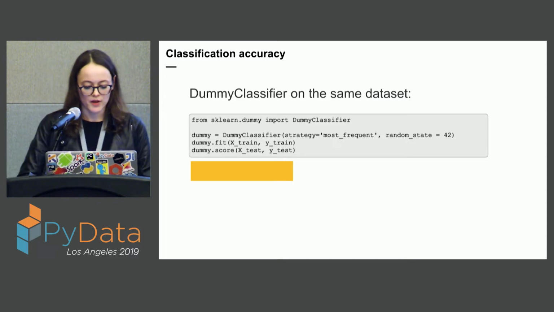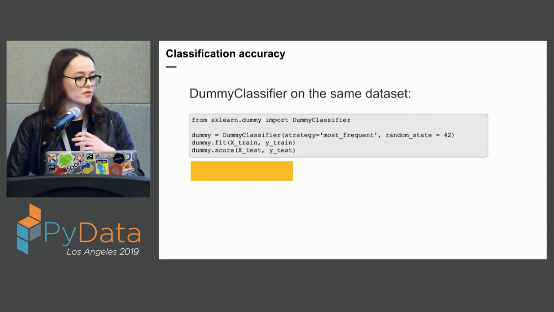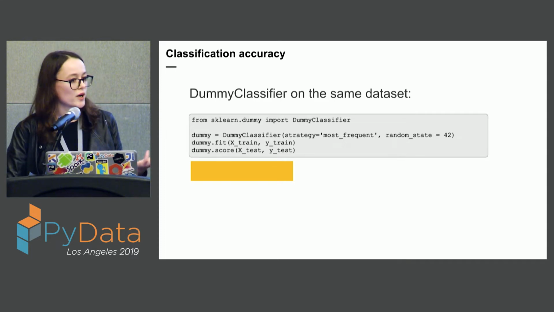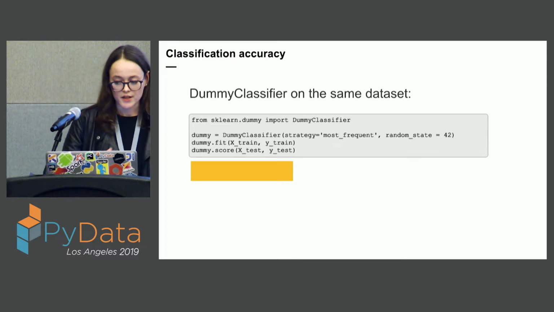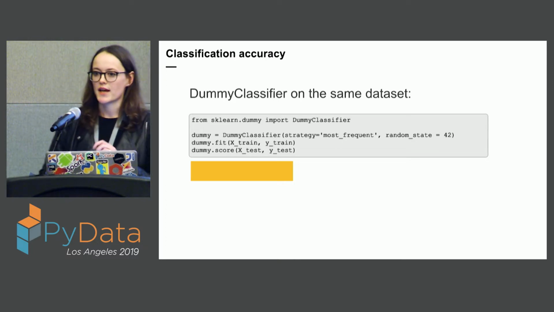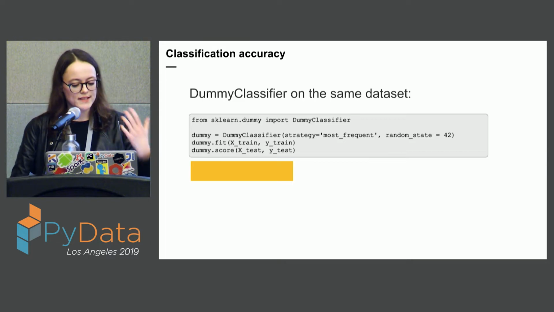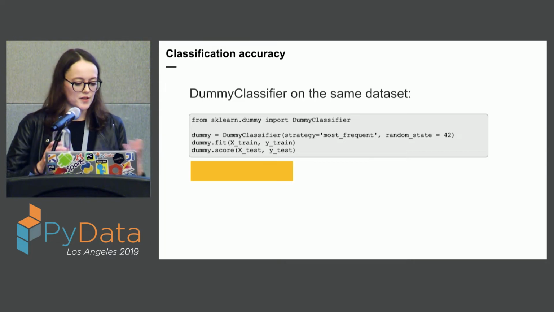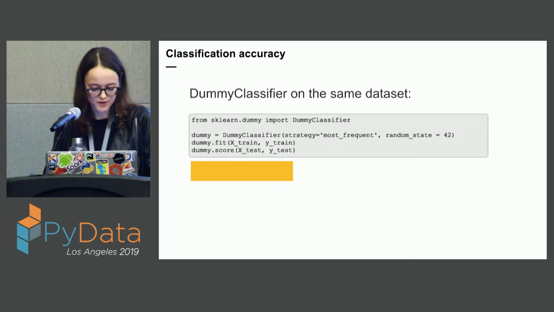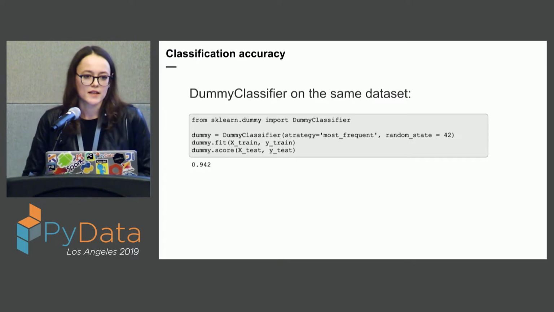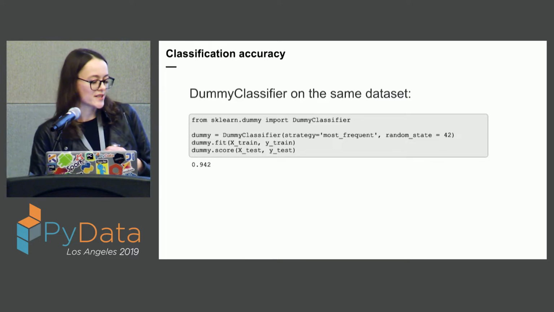You can, for example, generate predictions uniformly at random, and there are two, I think, more strategies there. And I can use dummy classifiers as a sanity check, and they have all the same methods and properties like regular classifiers. So I can, for example, use a score method on it, and I get 94.2% accuracy.